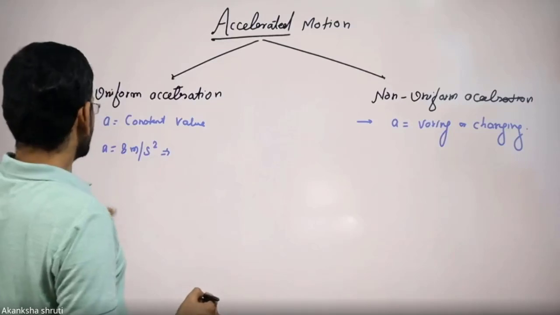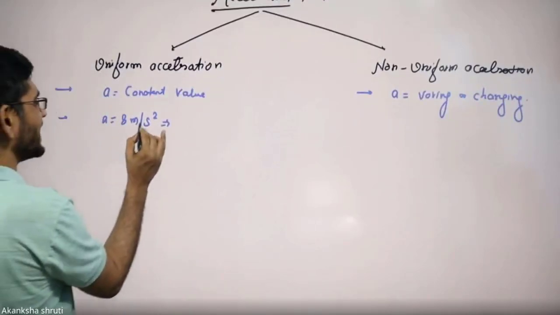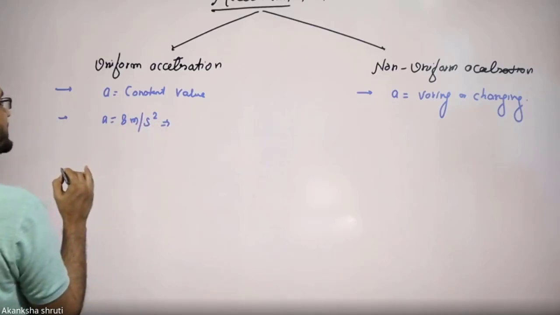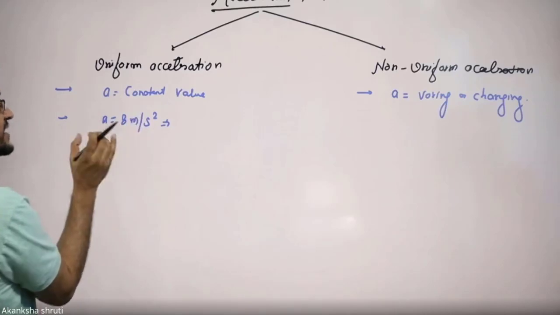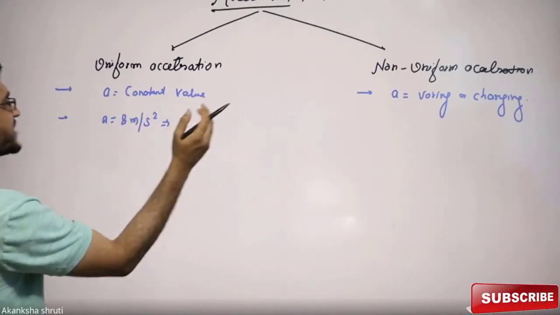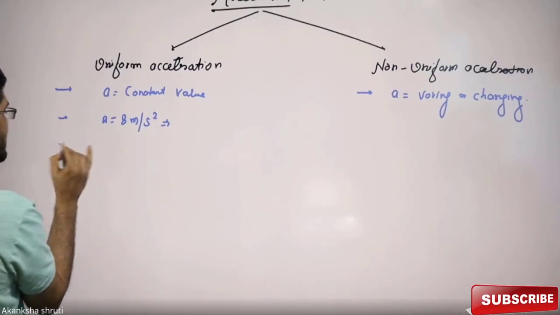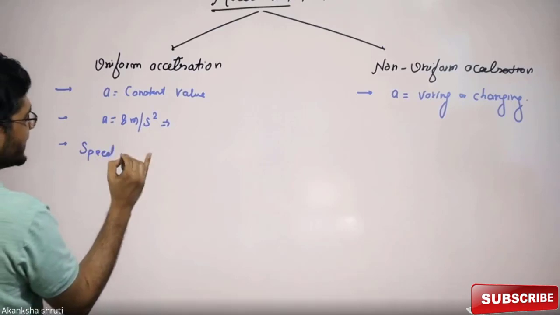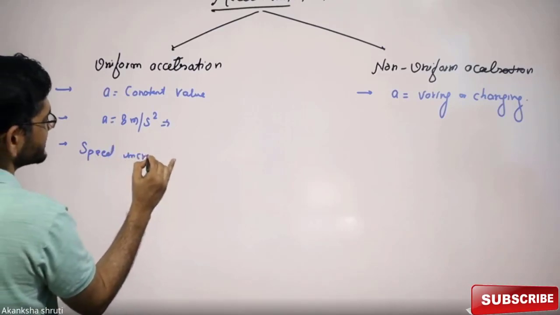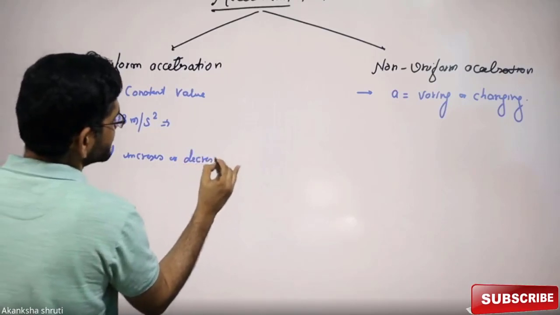It means, students, this 8 meter per second square is our acceleration. It is not the speed. So speed will change uniformly. So this simply means the speed increases or decreases.